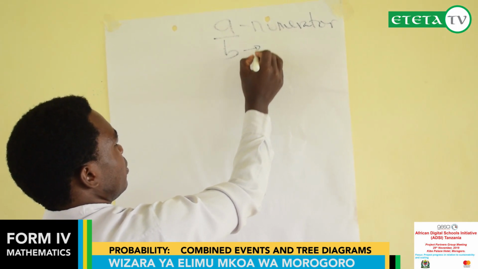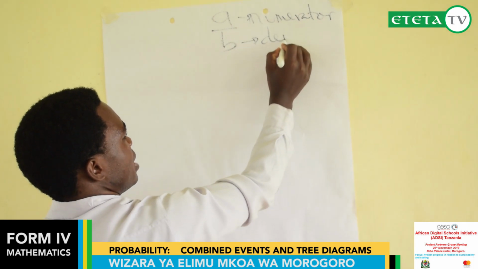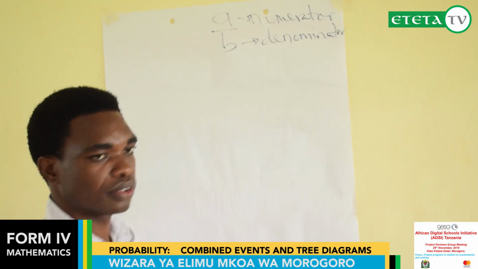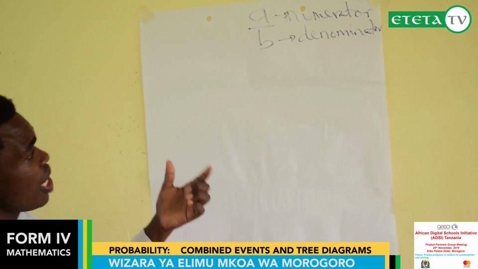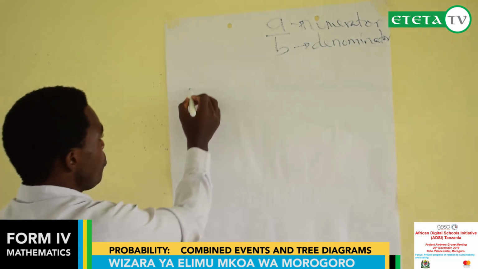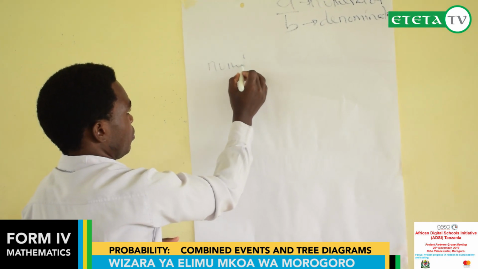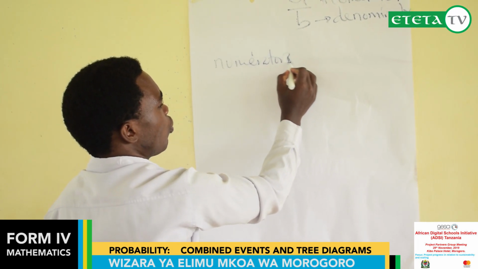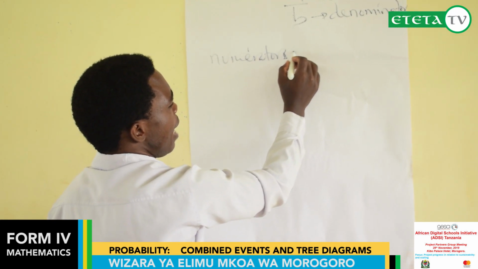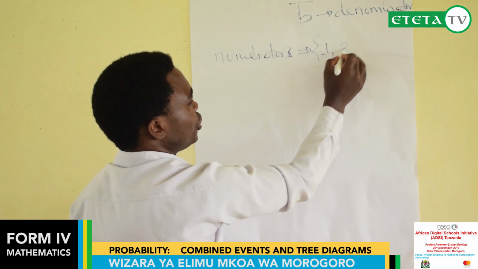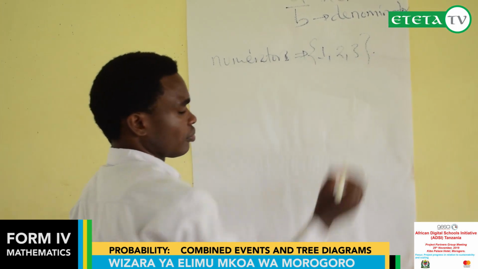And this B is called the denominator. Then from our question, for the numerator, we have to use numbers which are 1, 2, and 3.